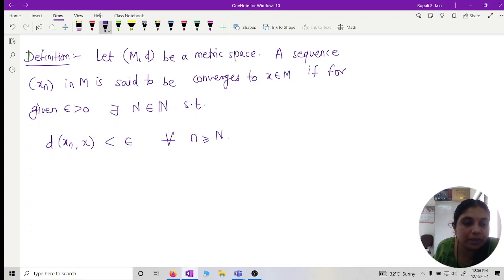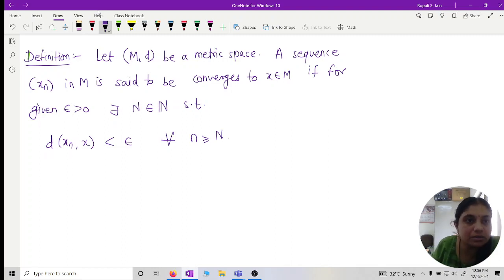So if that metric is modulus, then here d will be replaced by modulus. How the metric is defined on a set, the definition will change accordingly. Okay.